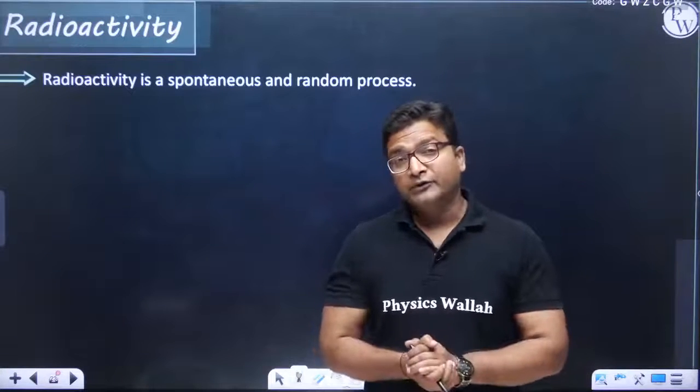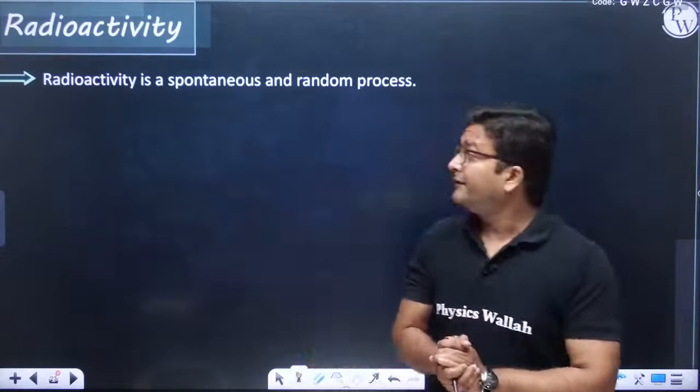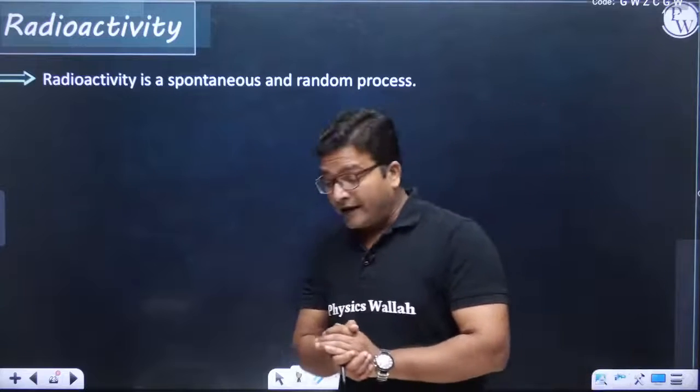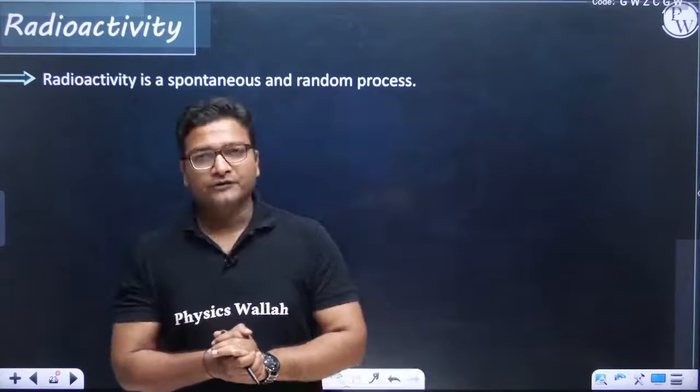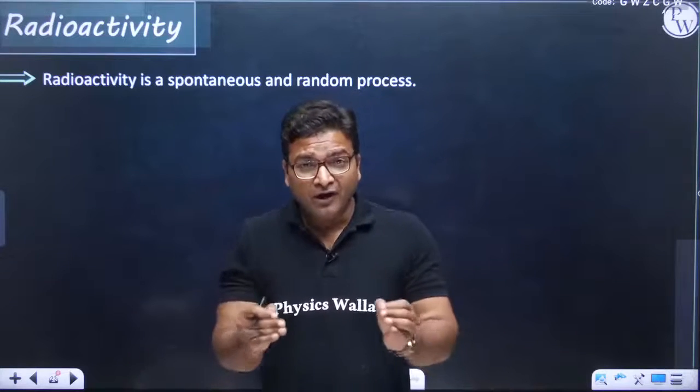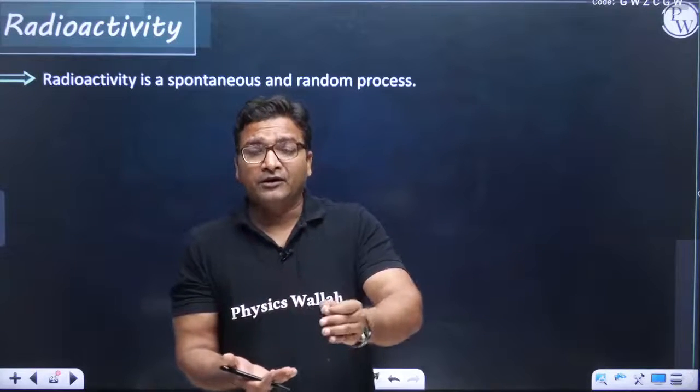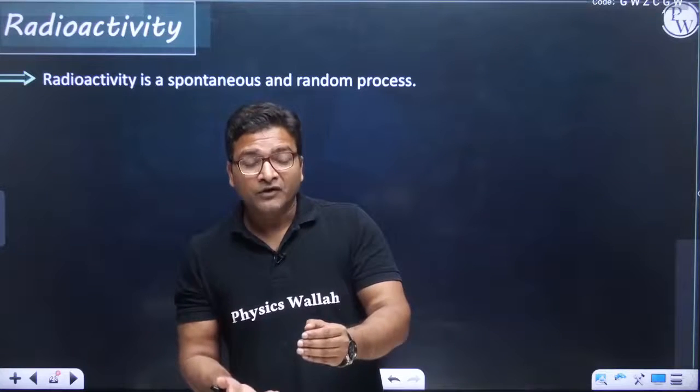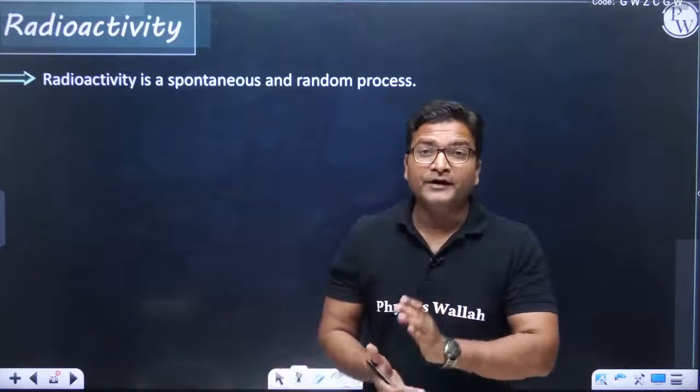Now we know what is radioactivity, but we should always remember radioactivity is a spontaneous and completely random process. So if you have n number of nuclei which have all equal probability of decay, but who will decay, which particle will decay, nobody knows.